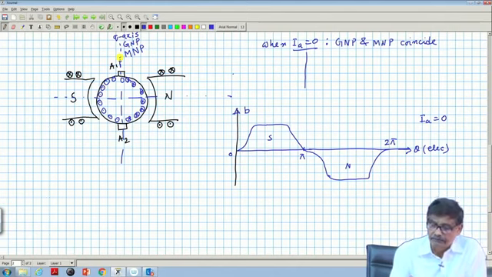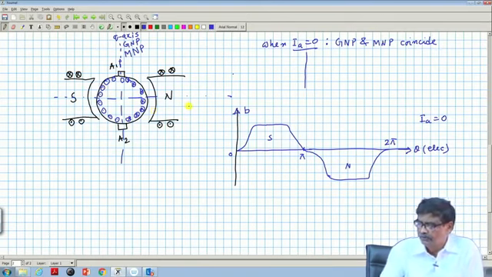So, your resultant field is like this, armature field, cross field, then we will find out where that armature field is. So GNP and MNP, just keep in mind, we will be using that concept.